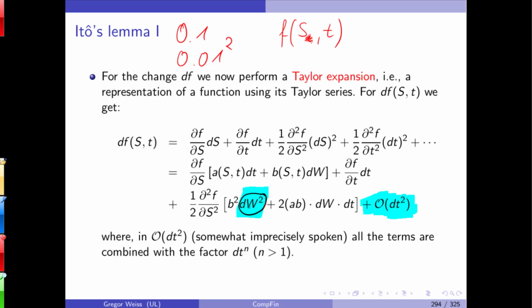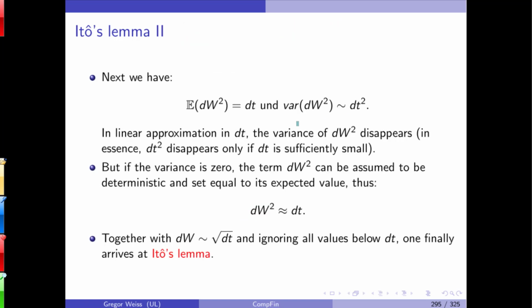What happens with dW squared? The variance of dW squared, of a squared Wiener process, is dt squared. We said that the central assumption here in linear approximation is that this is 0. If the variance is 0, this is no longer a random variable. It's deterministic. And if something is deterministic, it's equal to its expectation.